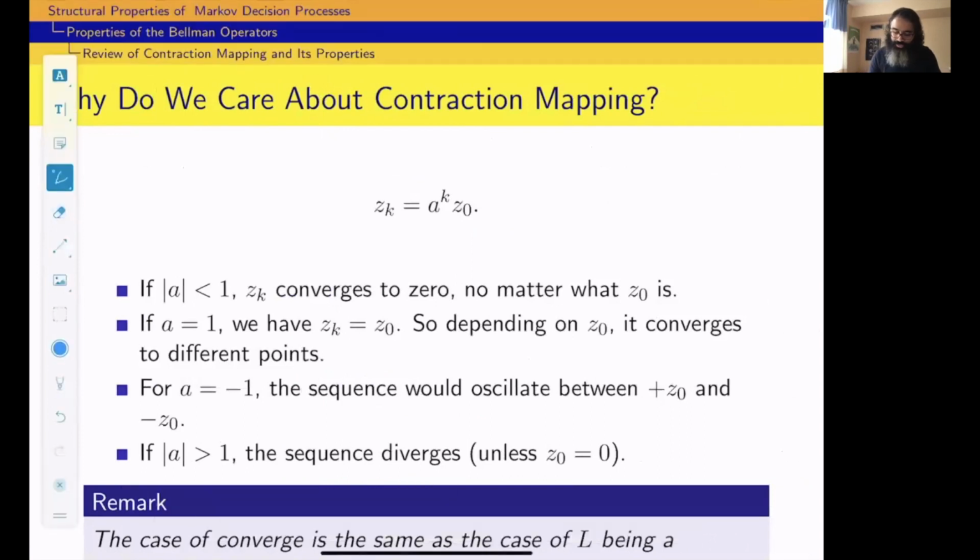So what we have here is Zk is A to the power of K Z0. We want to see what's the behavior of this sequence, depending on the value of A.